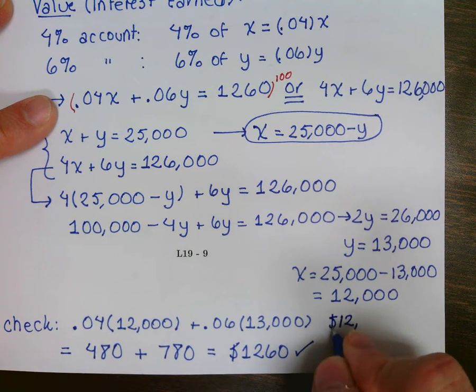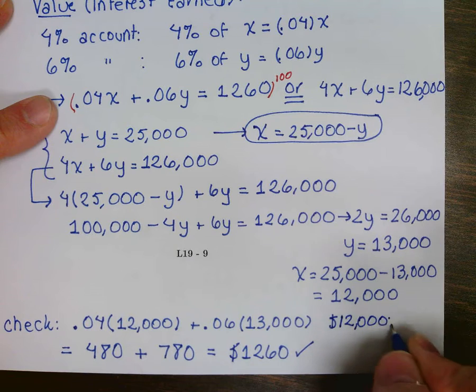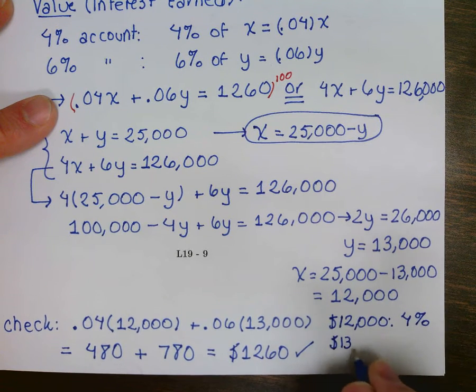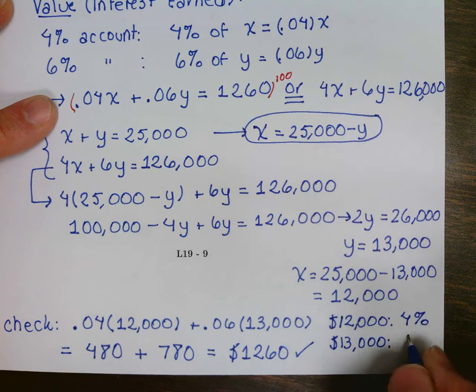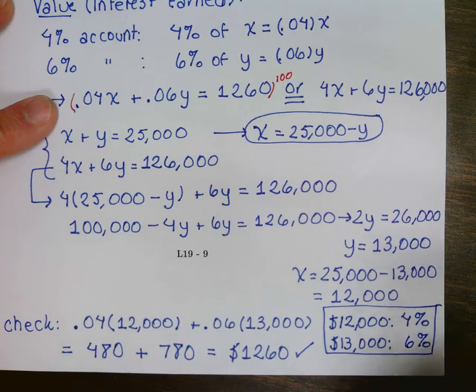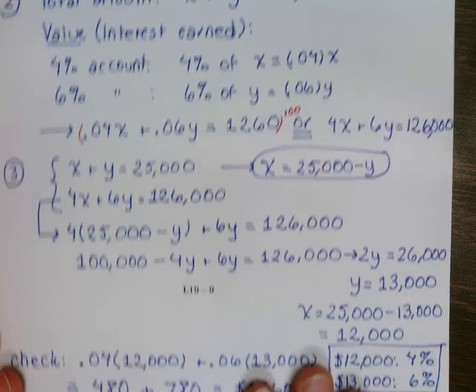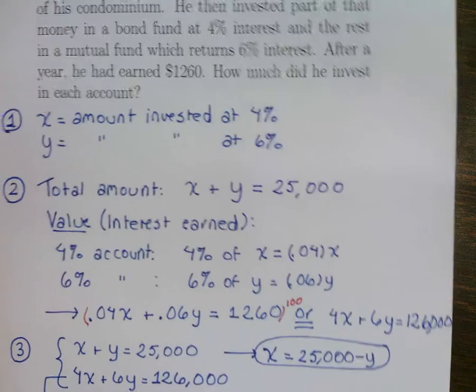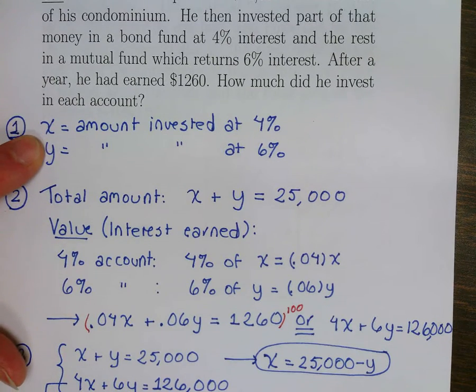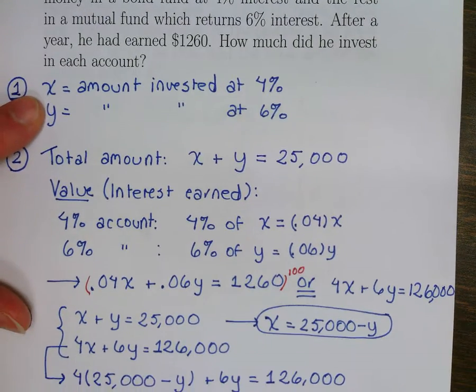So how much should he invest? $12,000 at 4%, $13,000 at 6%. Okay? Now, just to summarize, we chose our two quantities, the amount at 4%, the amount at 6%. We got two equations.